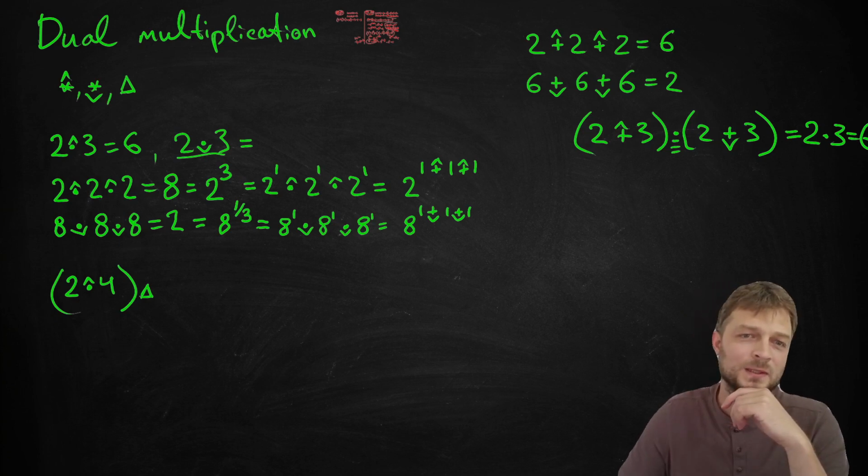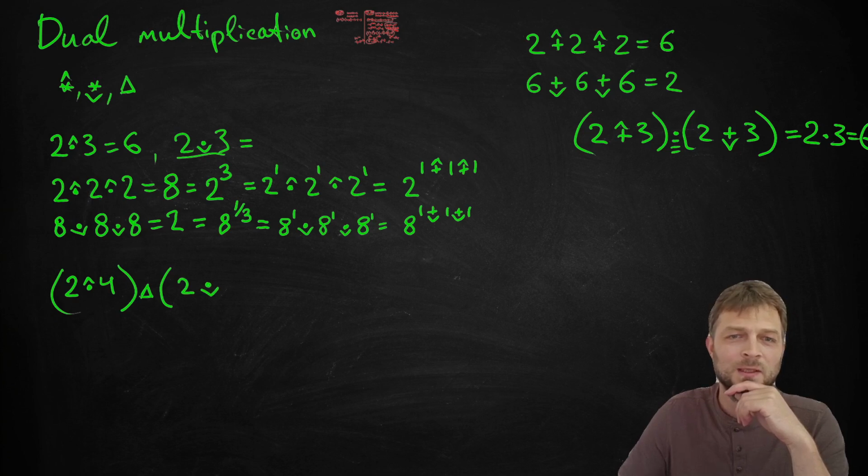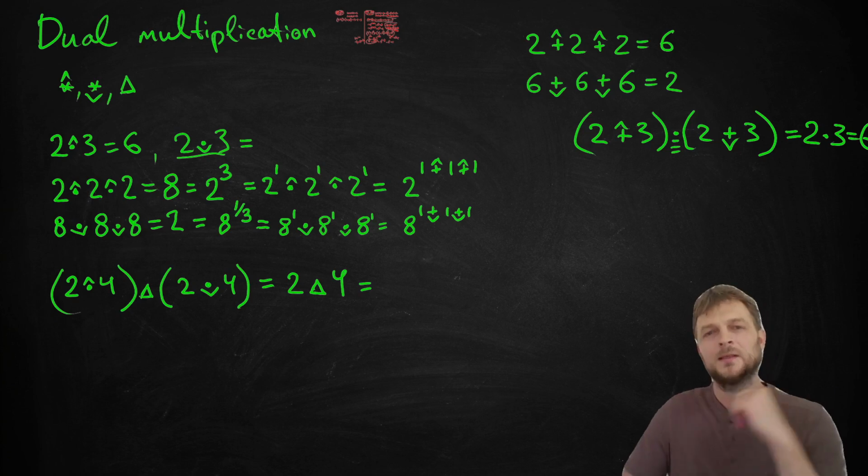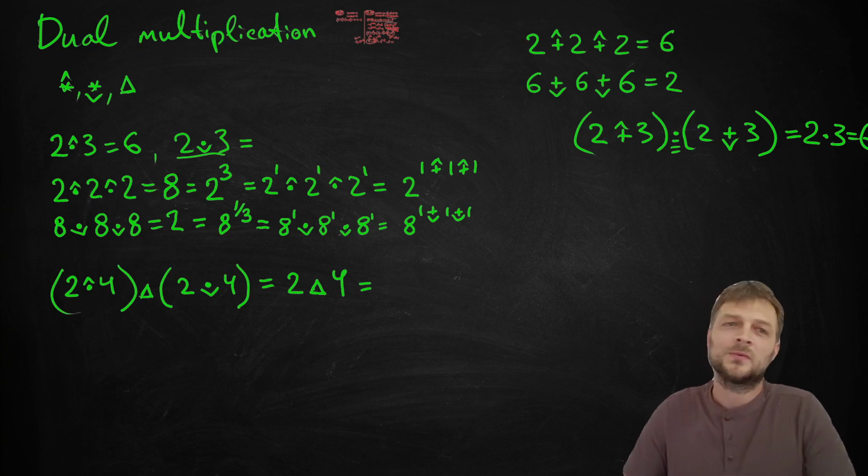We have a special triangle operation here. 2 multiplied by 4, and we want this to be 2 triangle 4. We don't know yet how to compute this, but we want this equation to work.